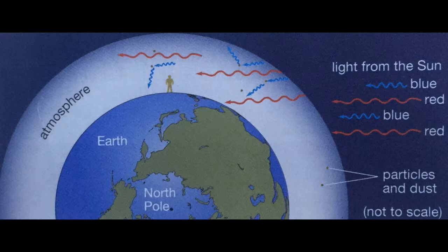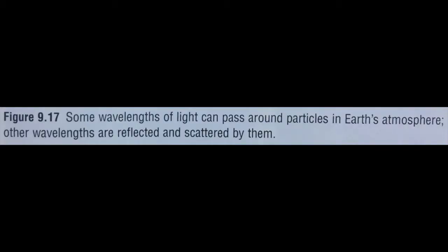The shorter wavelengths, especially blue and violet, strike the particles and are reflected and scattered off them, as shown in figure 9.17. Some wavelengths of light can pass around particles in Earth's atmosphere. Other wavelengths are reflected and scattered by them.